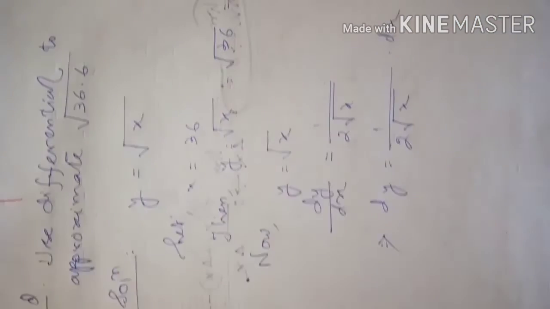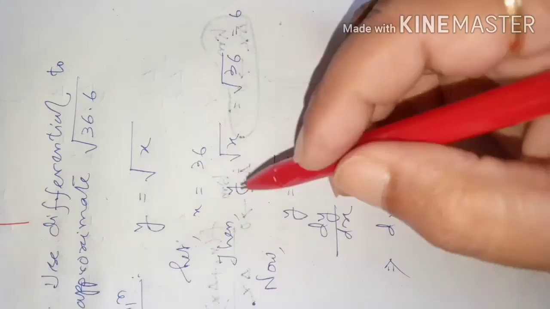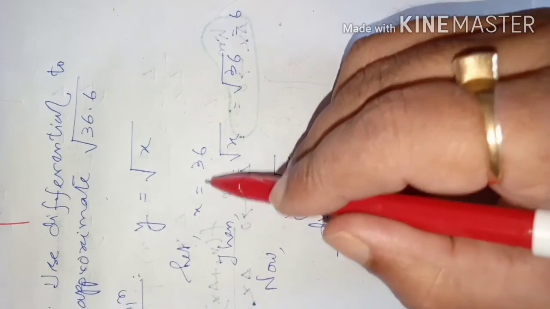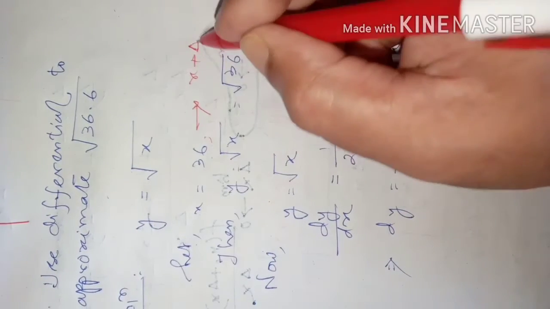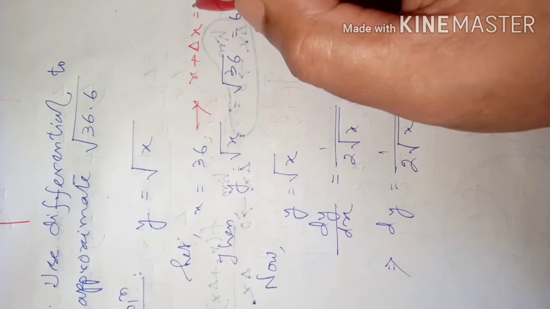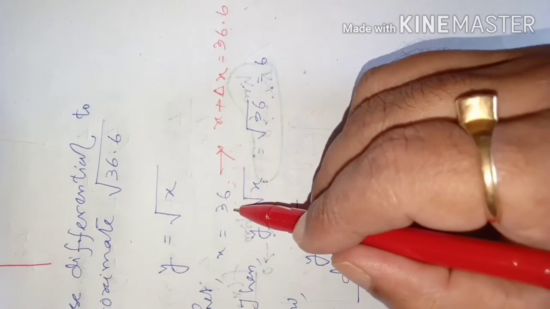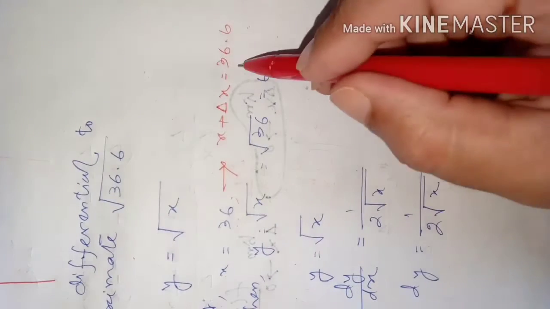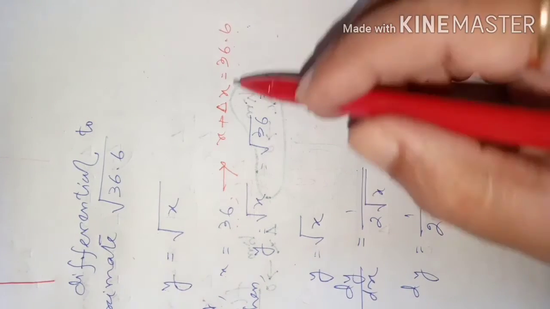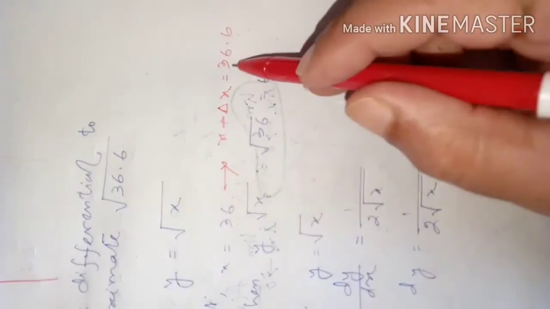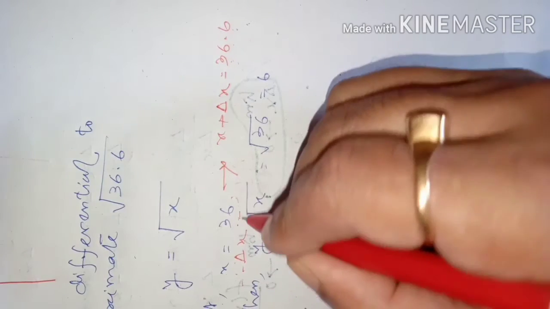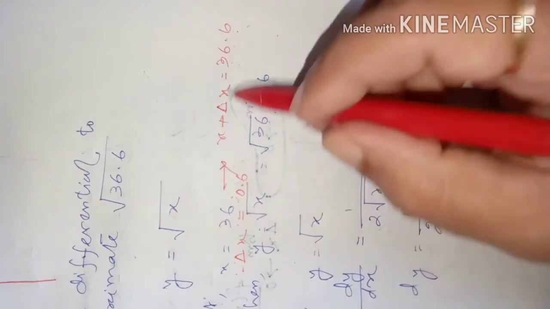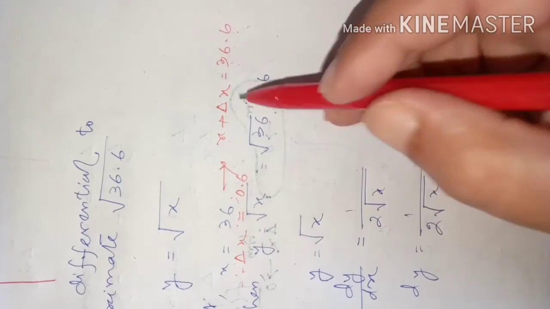Okay, so now with an increment of delta x, that means x is changed into x plus delta x. I mean to say it is 36.6, so some increment is given to the value of x, which was 36 and is now 36.6. Then what is the increment in x? 36.6 minus 36 is equal to delta x. So delta x is equal to 0.6.